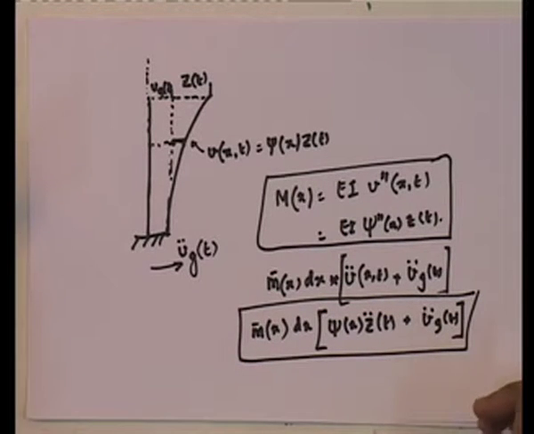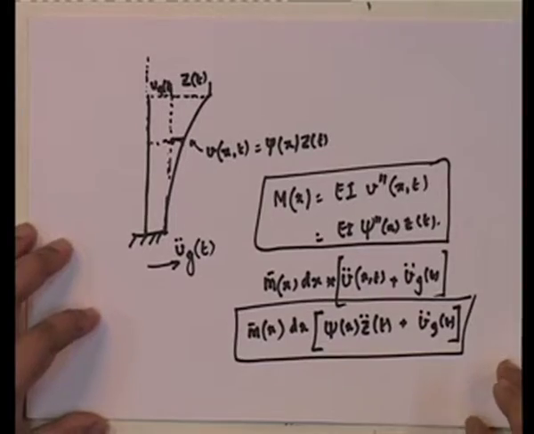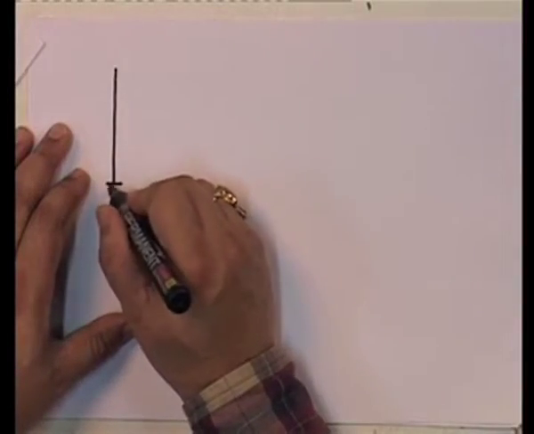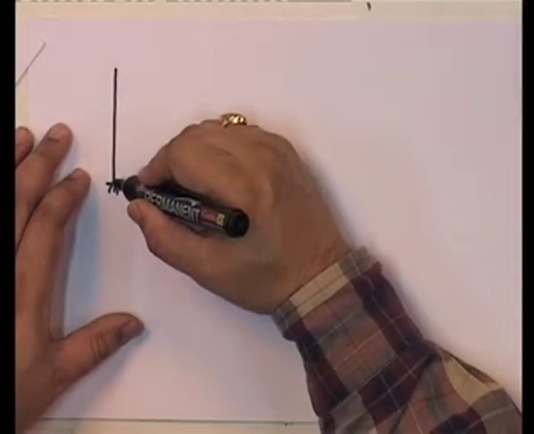Now, there are no other loads on this system. So, these are the forces, and now what I am going to do is subject this to a virtual displacement, and note that the virtual displacement is this.